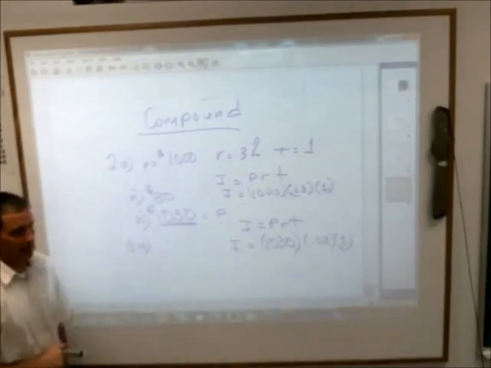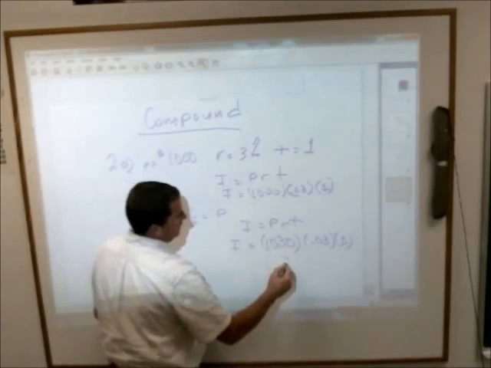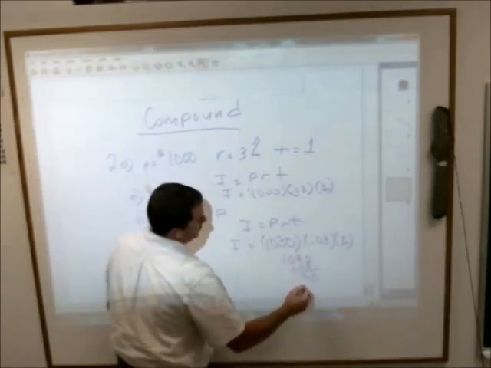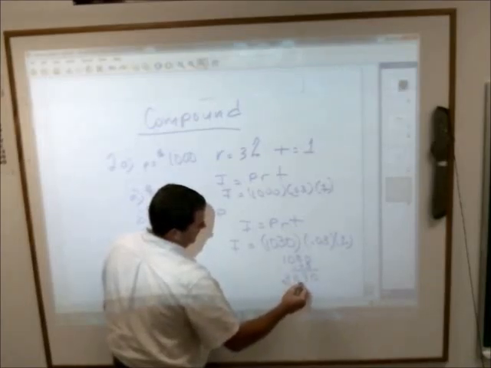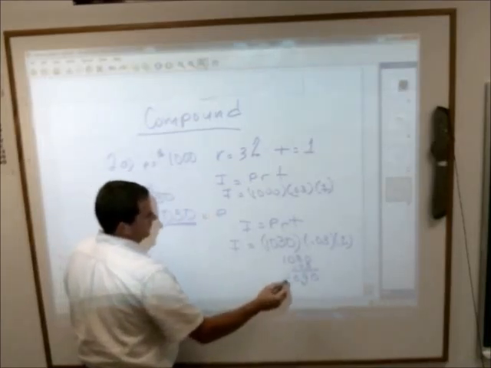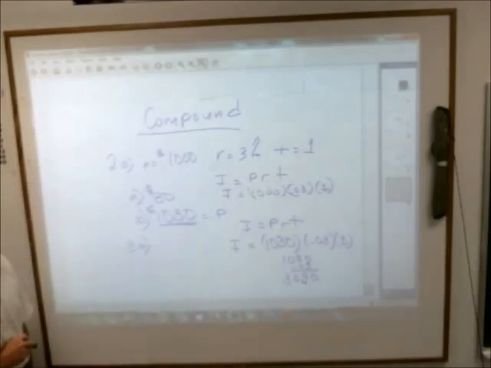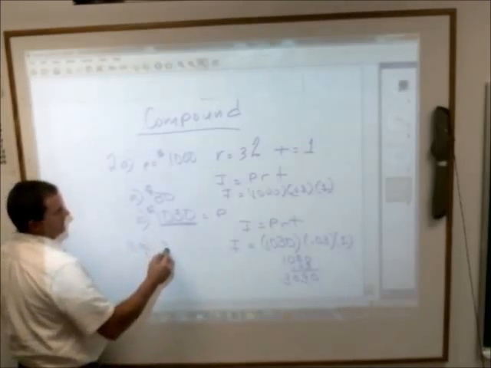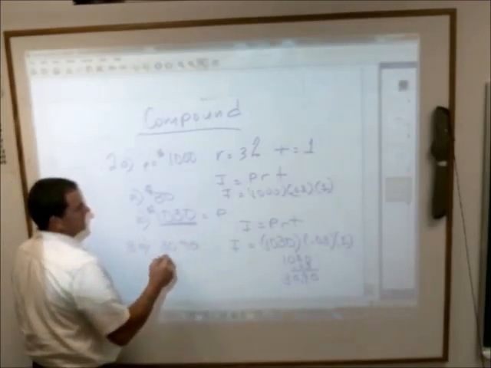If I take 1,030 times 0.03, how much interest am I going to make? John? $30.90. Yes. So for 3A, I now made $30.90.